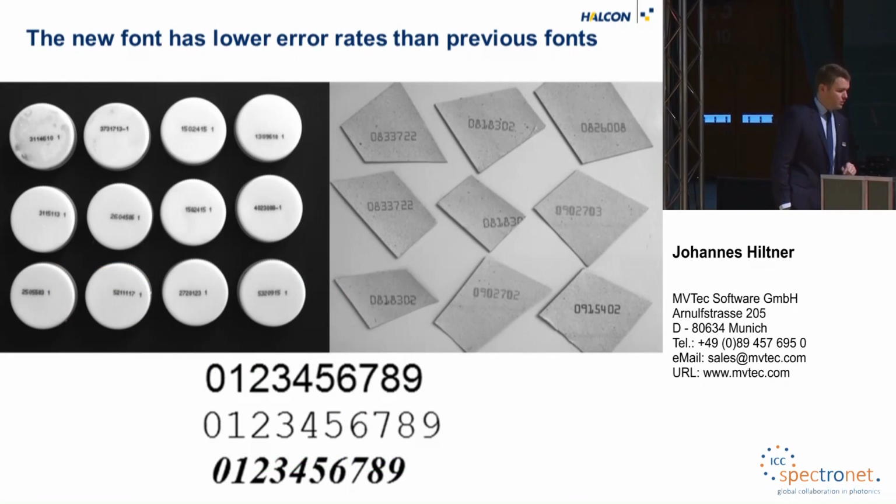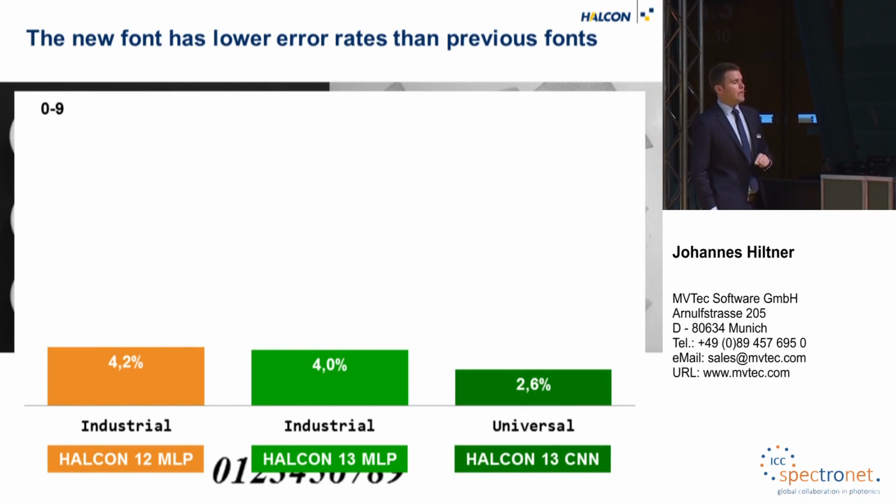And we did a similar test with digits only, which is mostly used in typical expiration date applications. Here we reduced the error rate from 4.2% down to 2.6%. So it's nearly double the recognition rate of the old classification approach.